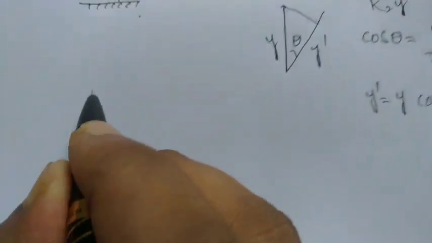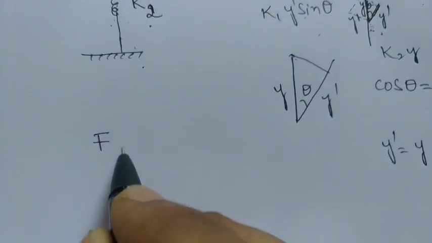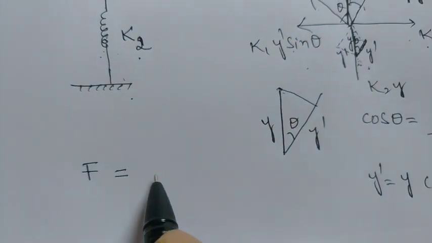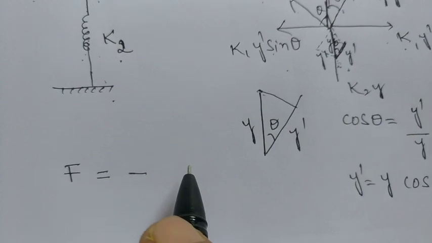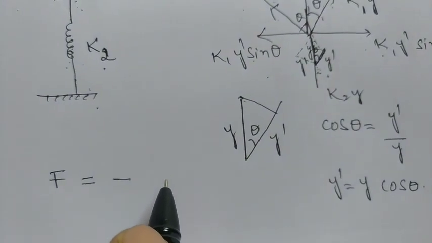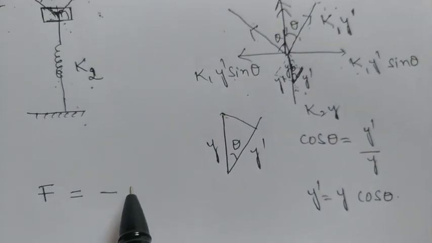Therefore, the net restoring force can be written as minus Kx, where K is the spring constant.